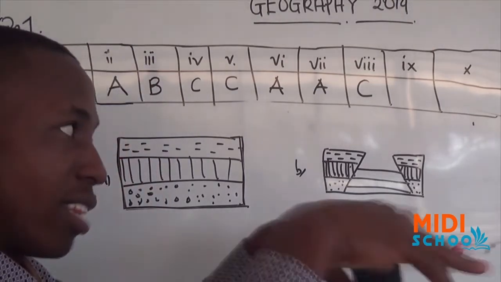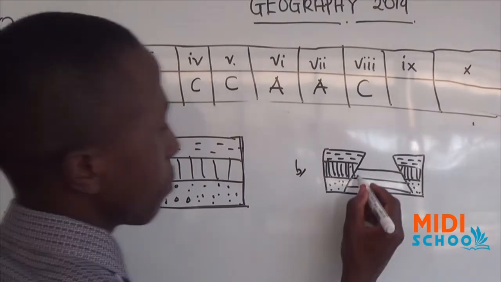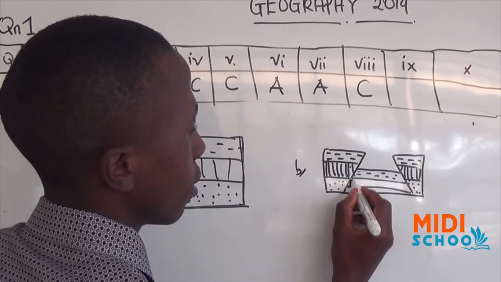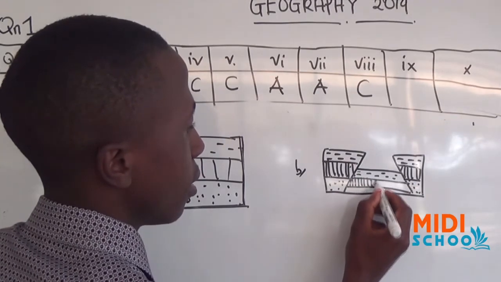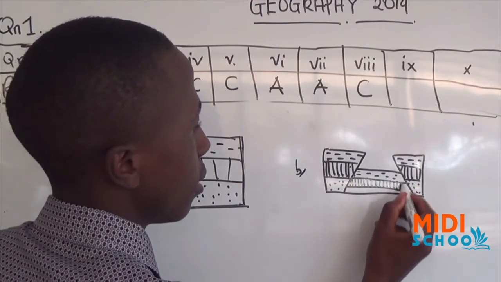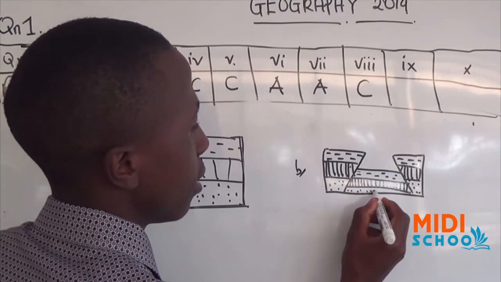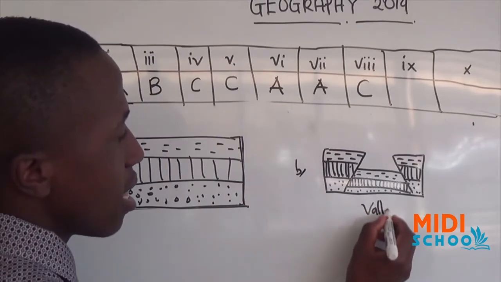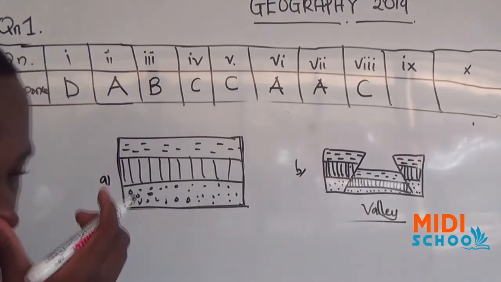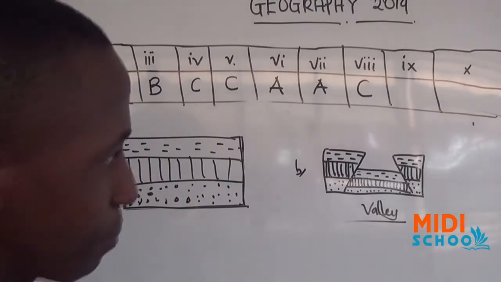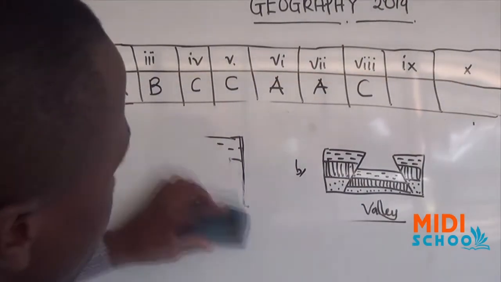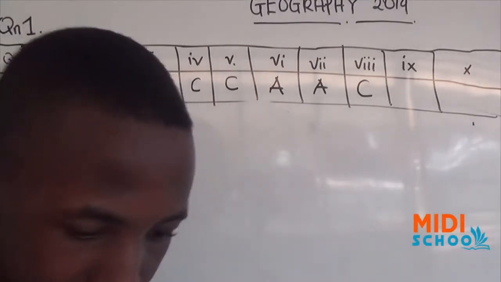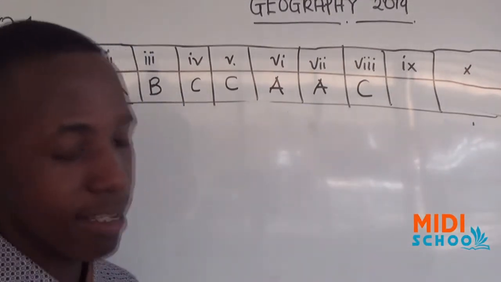That's why we see the depression down there. So this is a valley. I hope we are together. And our answer is C.